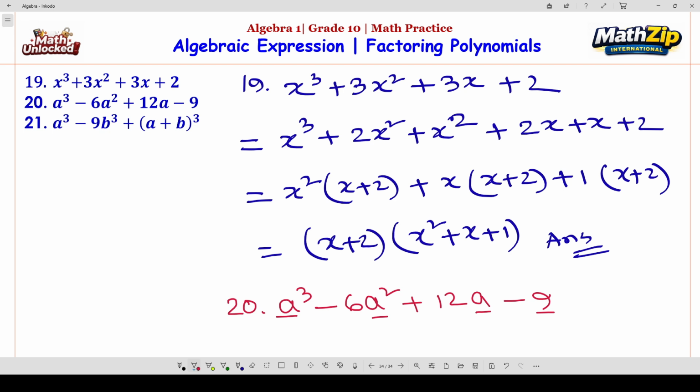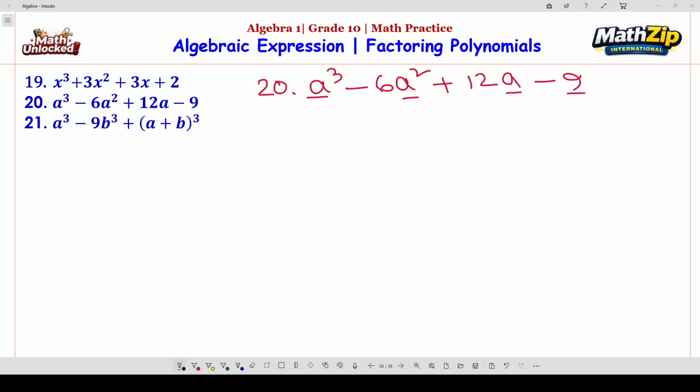So if we consider this like a minus b whole cube, we can write a cube minus 3a square b plus 3ab square minus b cube. The same thing we can write in here.